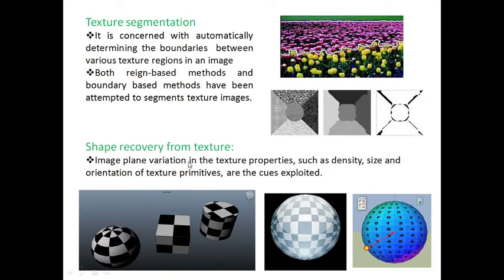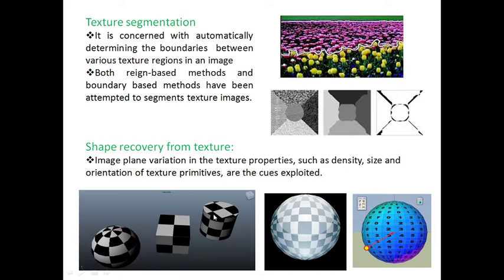With image plane variation, if it is a square, I can simply say that it is a two-dimensional square. But as soon as I am provided with this image, I can perceive that this object has plane variation. That means this is one plane I can feel, and this is another plane.